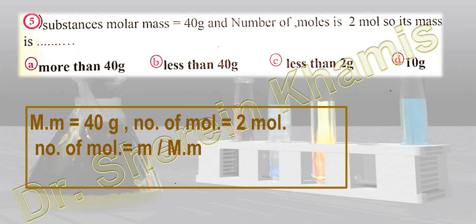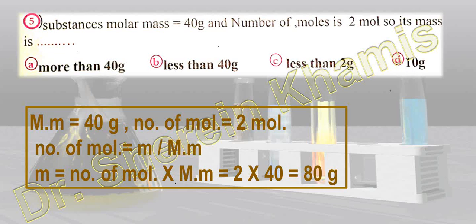What we want here is the mass, so mass equals the number of moles times the molar mass. The result will be 2 times 40, and the answer will be 80 gram. So the right answer here is A, more than 40 gram. Okay, this is question number 5.